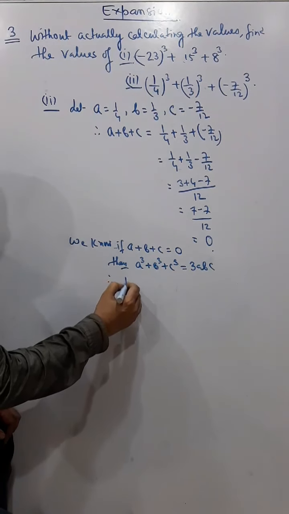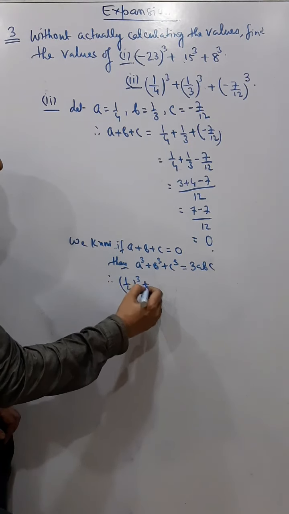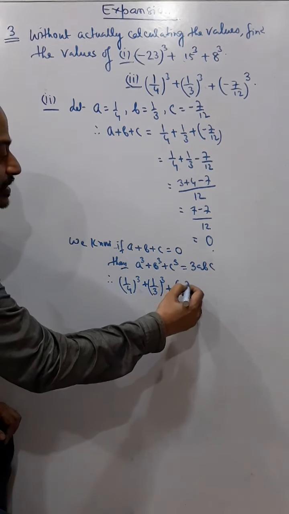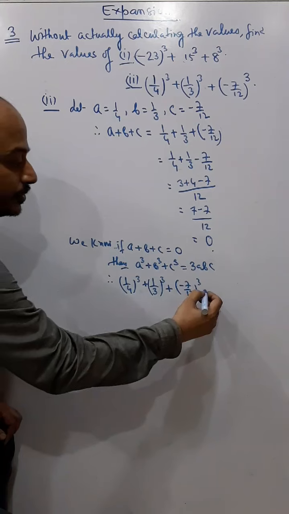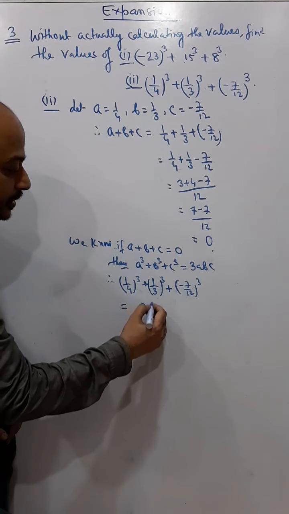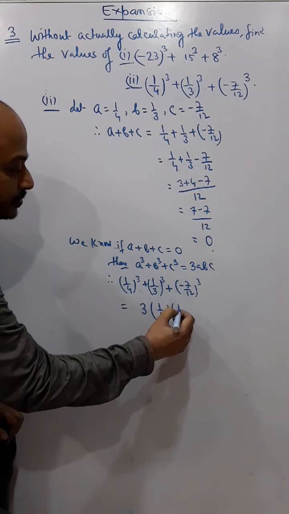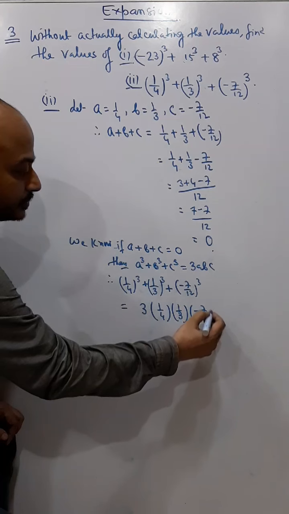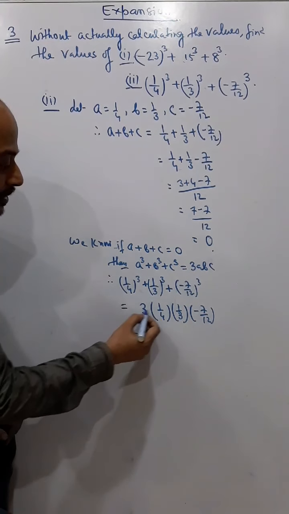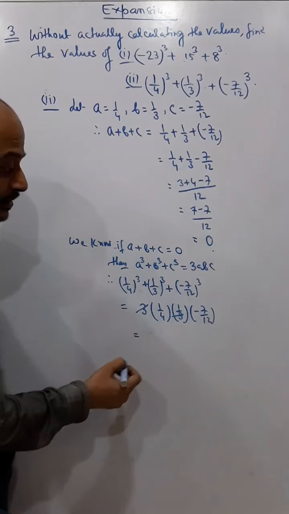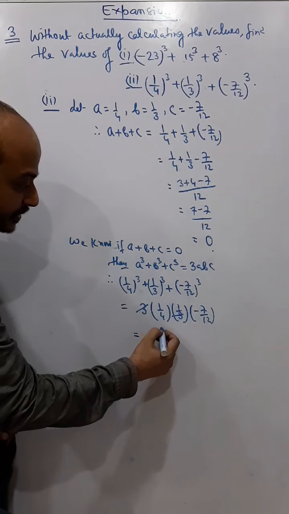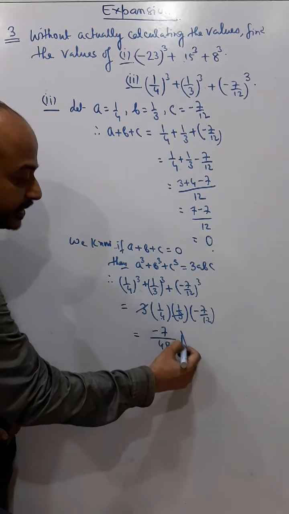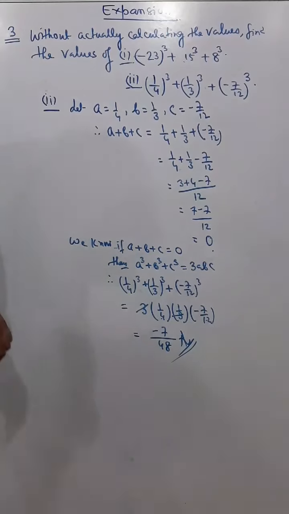Therefore 1 by 4 whole cube plus 1 by 3 whole cube plus minus 7 by 12 whole cube will be equal to 3 into A into B into C. So the 3 and 3 got cancelled, and we get minus 7 by 48.